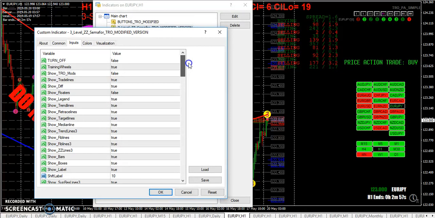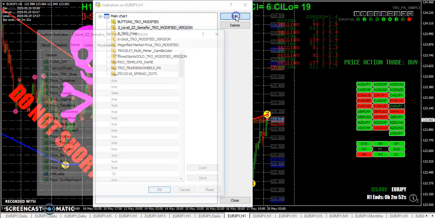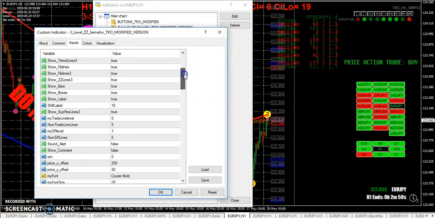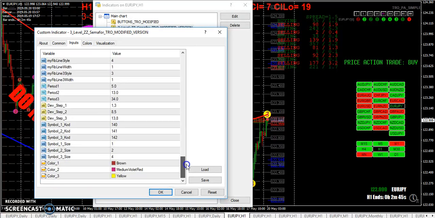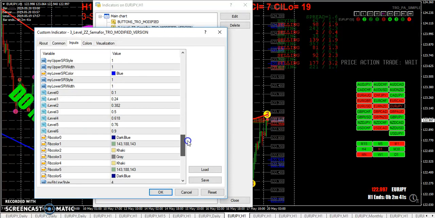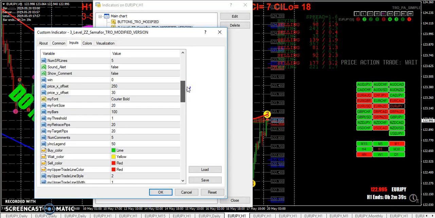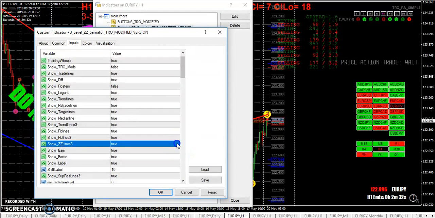And I'm not sure, but those aren't the true zigzag lines. It's been so long since I've made any modifications to this indicator. Turn those back off. Trend lines show the floaters, trade lines.